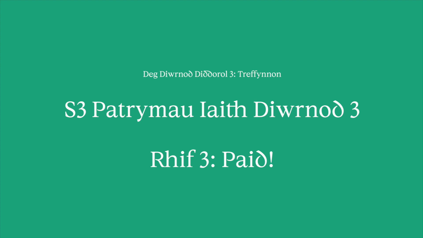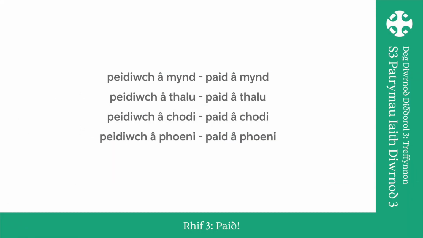Rhif 3. Paid, don't. If the command is not to do something, then you use peidiwch â for chi or paid â for ti, followed by a verb with an aspirate mutation. Peidiwch â mynd, paid â mynd. Peidiwch â thalu, paid â thalu.